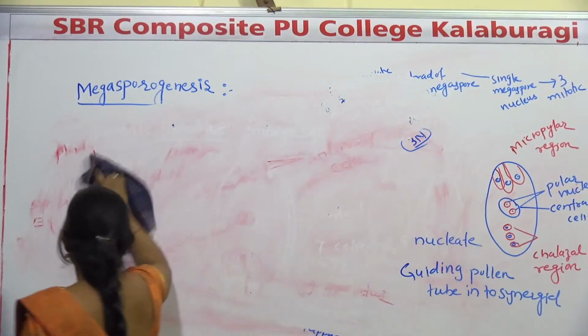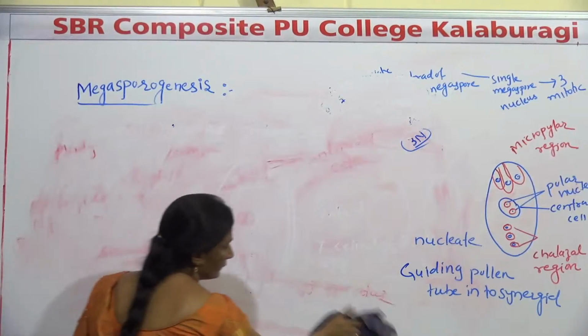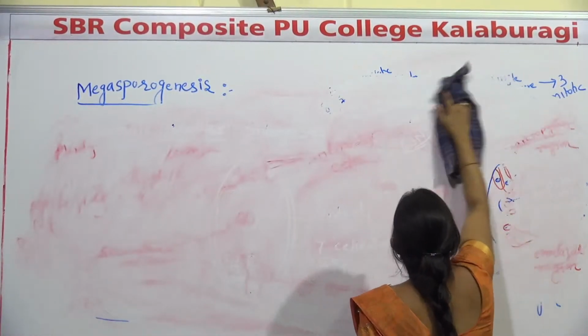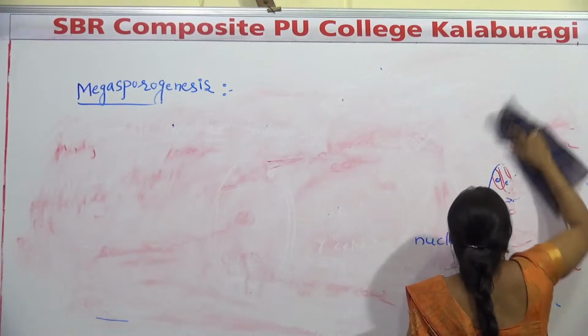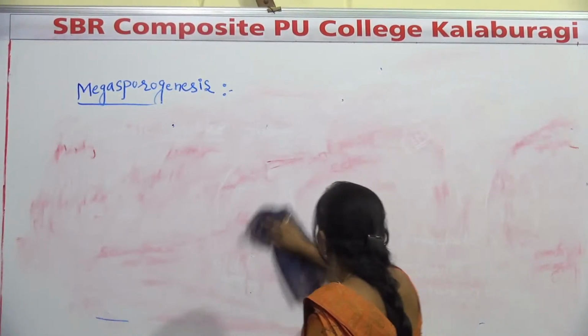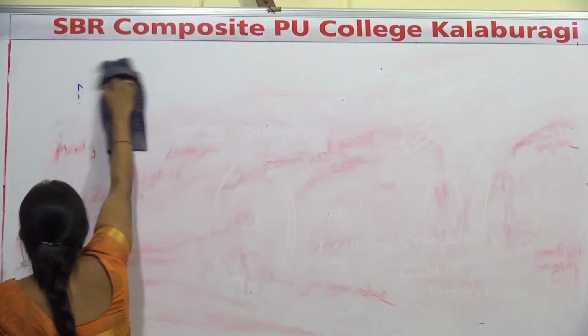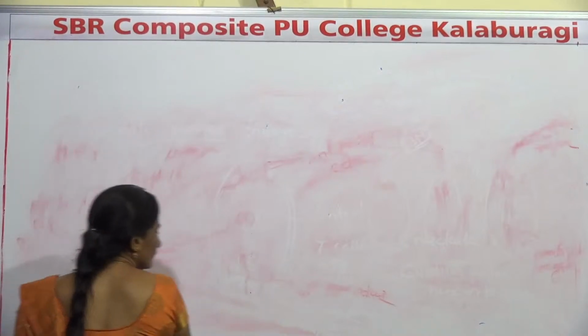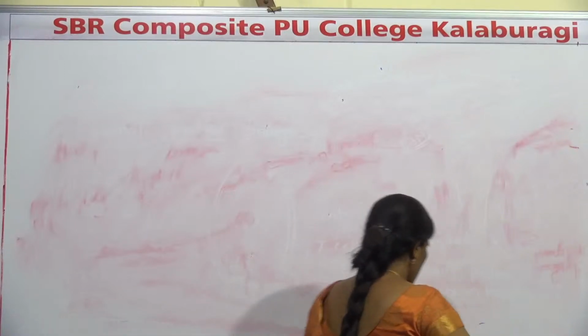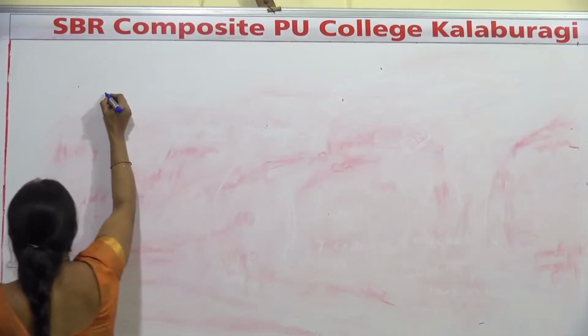Nucellus is a nutritive tissue. After this, we will go to pollination.